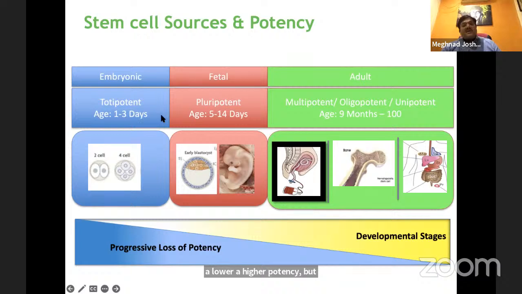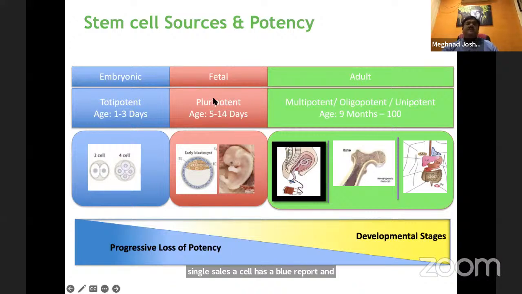As age passes, these cells become pluripotent, and you could isolate cells from the fetal tissue, and pluripotency can be achieved, or you could isolate pluripotent cells at the age of day 5 to day 14. Whenever you isolate cells from day 5 to 14, a single cell has pluripotent characteristics.